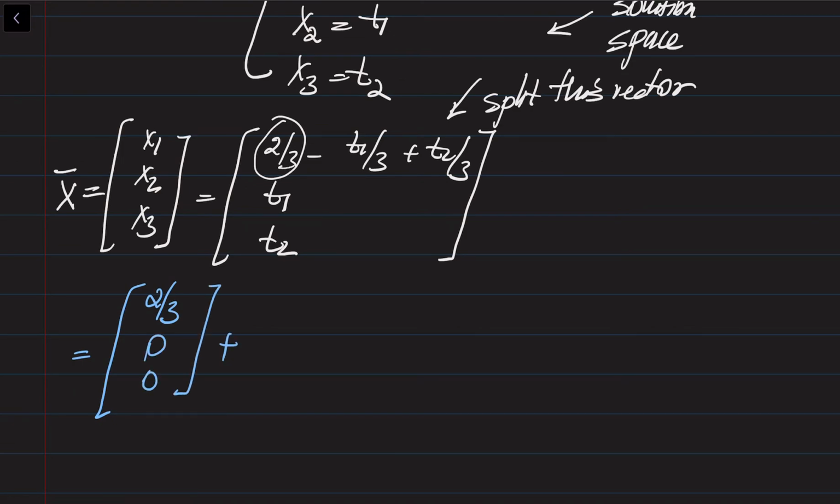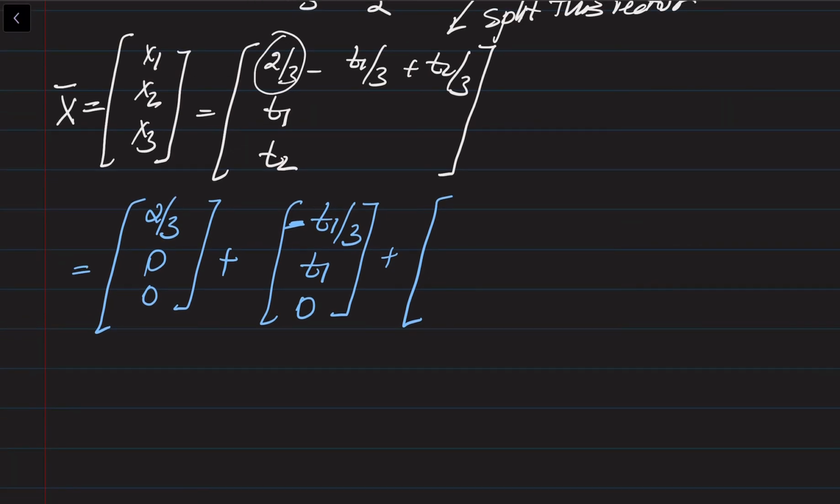Plus, which of the rows have the parameter t1? The first and the second, right? So I'm going to write down minus 1 over 3 t1, t1, and 0. Plus, which of the rows contains t2? It's essentially the first row and the last row. It's going to be t2 over 3, 0, and t2.